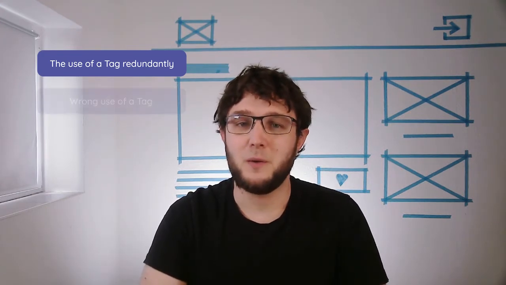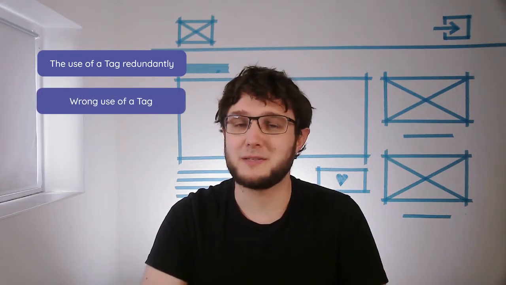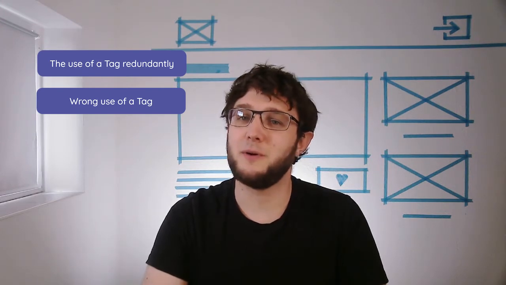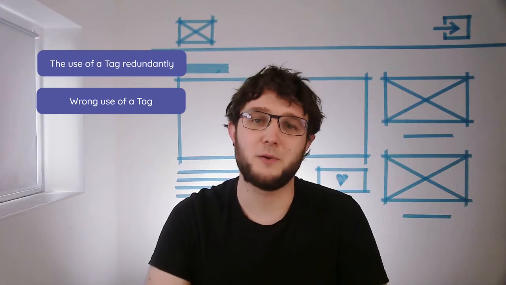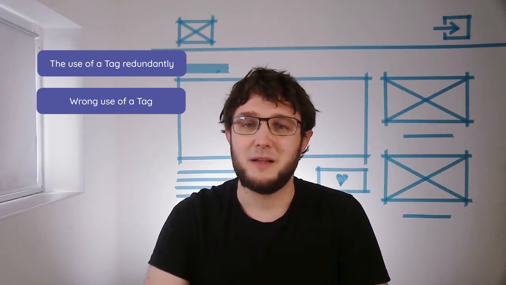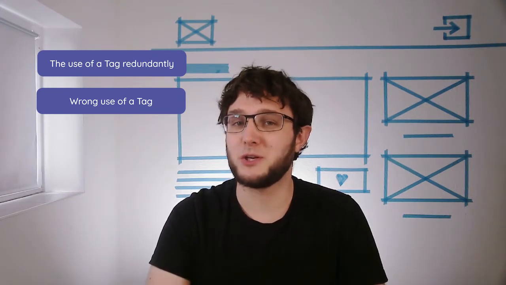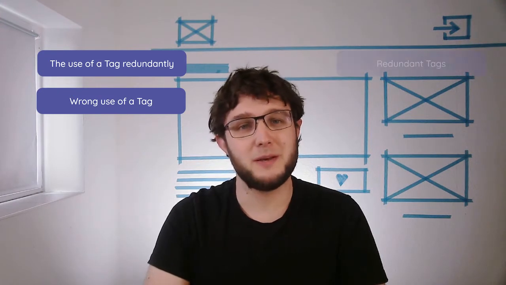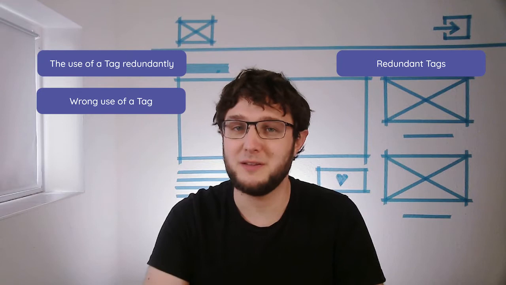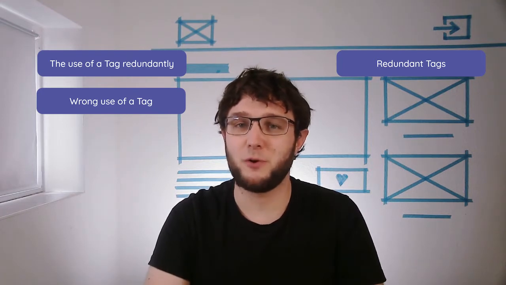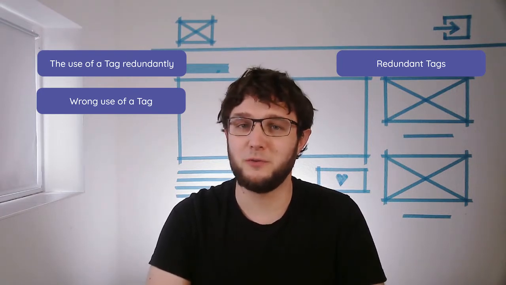The second one, what could go wrong, is the wrong use of a tag. So using a tag when it's not suitable because you have, for example, the wrong understanding of the tag. Those two lead to major issues. One of them is having too many tags or, as mentioned, having redundant tags in your system and therefore having a hard time to get an overview.